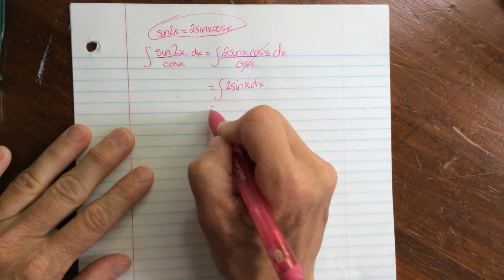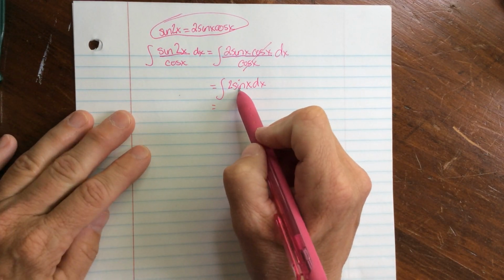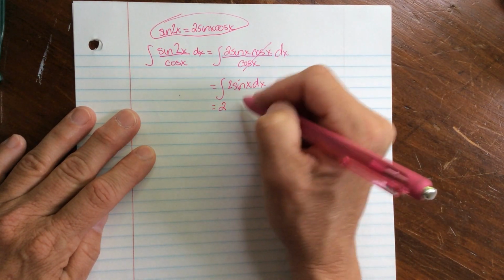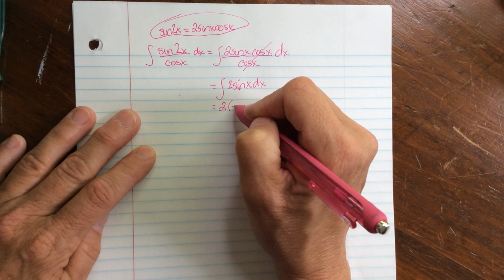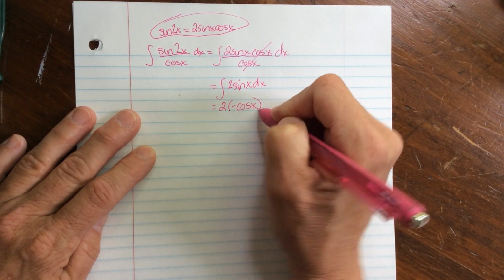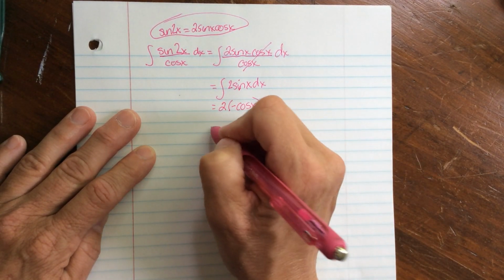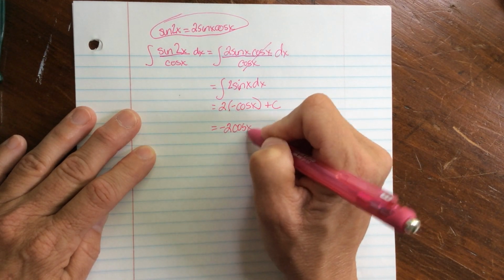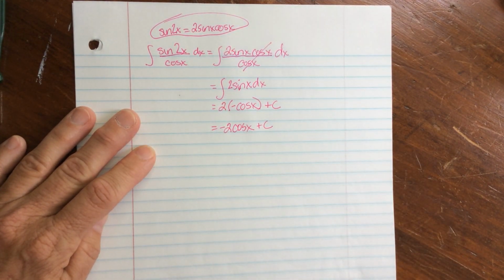And now I can find the antiderivative of sine. I know my 2 is going to come down. The antiderivative of sine is negative cosine of x, and I'll add c. So this cleans up to be negative 2 cosine of x plus c.